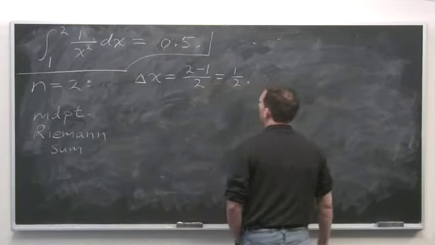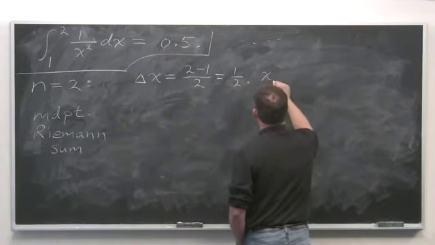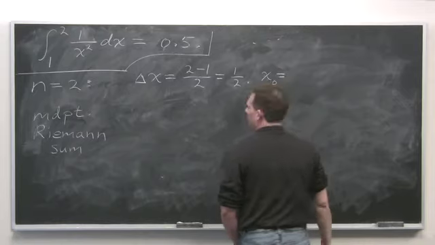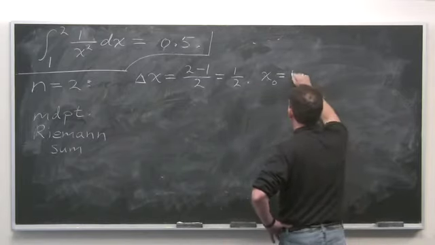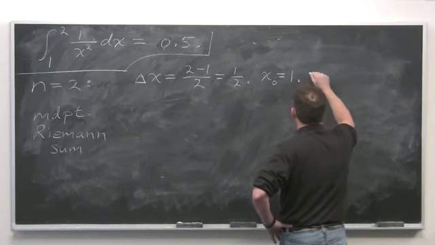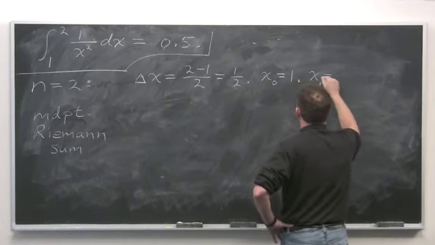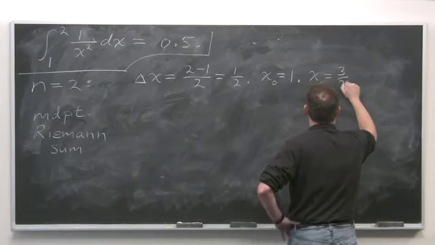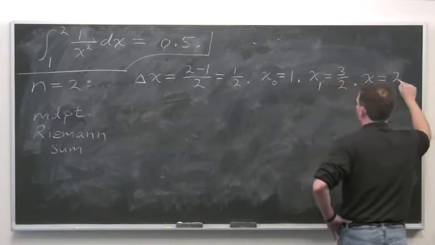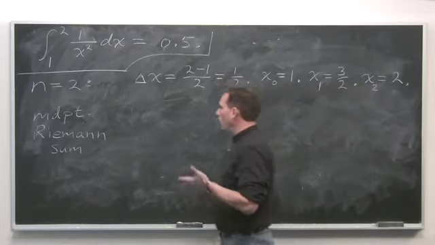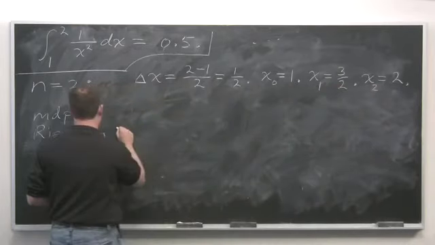So the endpoints of our partition, of our subintervals: x naught is 1, and then we go up by a half. So x1 is 1 plus a half, so 3 halves. And x2 is, well, 2. All right. So what's the midpoint Riemann sum?